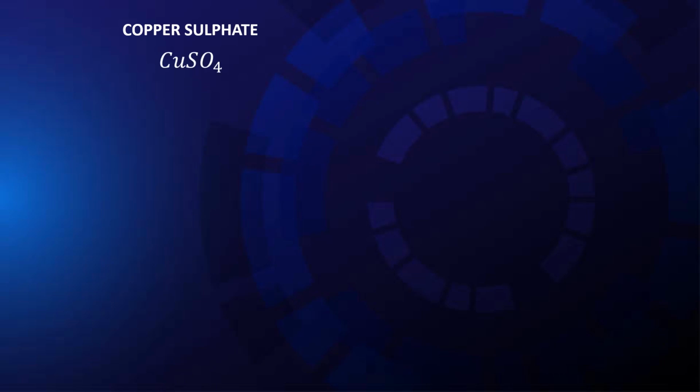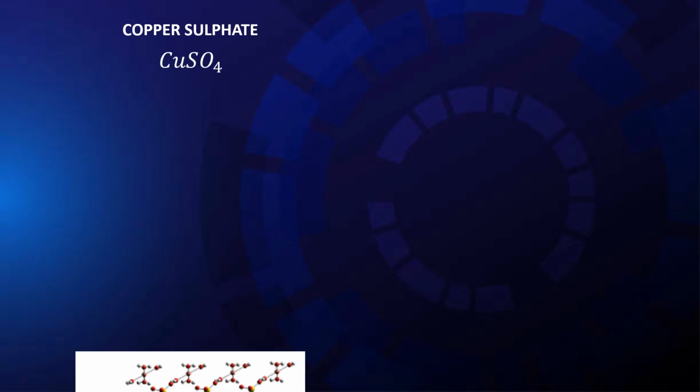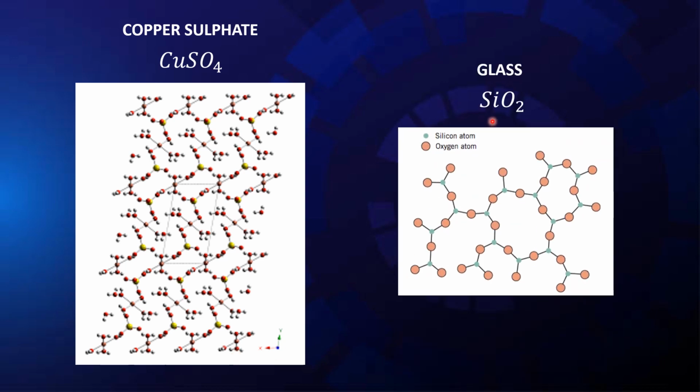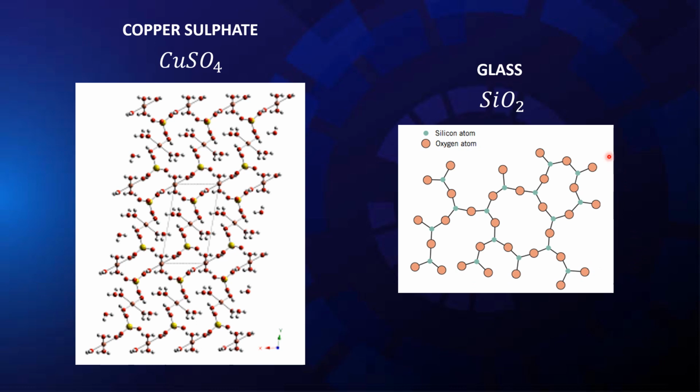So this is copper sulfate, CuSO4, and this is the atomic structure of CuSO4. On the other hand, we have glass, SiO2, and this is the atomic structure of SiO2.